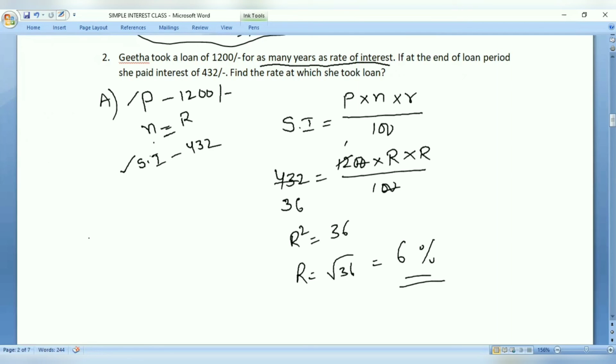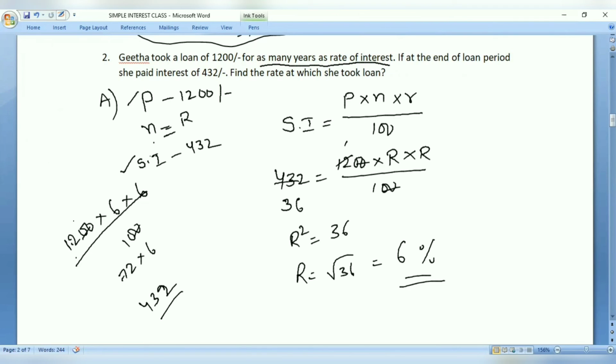Now, if you want to cross check whether this answer is correct or not, what is the principal? It is 1200. Rate of interest we have calculated is 6%. Imagine 6 as time period, divided by 100. Zeros cancel. 12 sixes are 72. 72 into 6. 6 twos are 12, 6 sevens are 42 plus 1, 43. 432. That is the interest we have received.